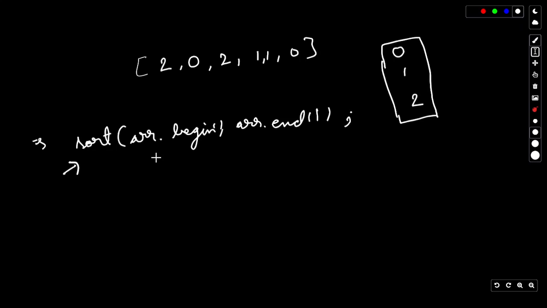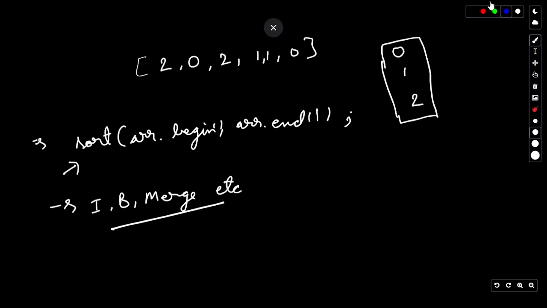So what can we do right now? If we're not required to use this sorting function, we can implement sorting techniques such as insertion sort, bubble sort, merge sort, etc. Whatever kind of sorting techniques you might know.